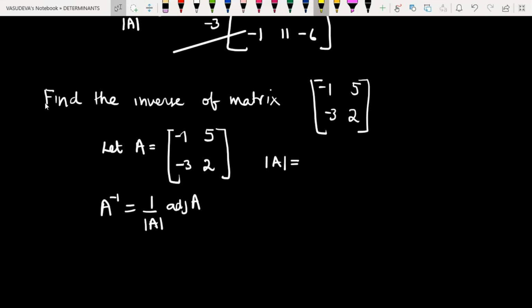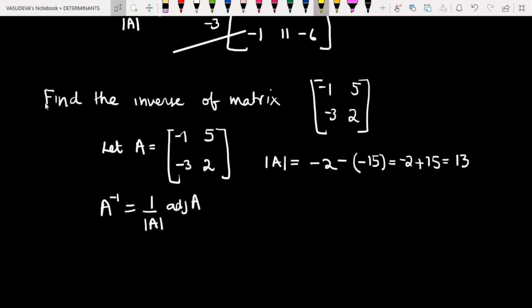So the determinant of A is minus 1 into 2, minus 2, and minus of minus 3 into 5, that is minus 15. So that is equal to minus 2 plus 15, that is 13. So the determinant of A equals 13.